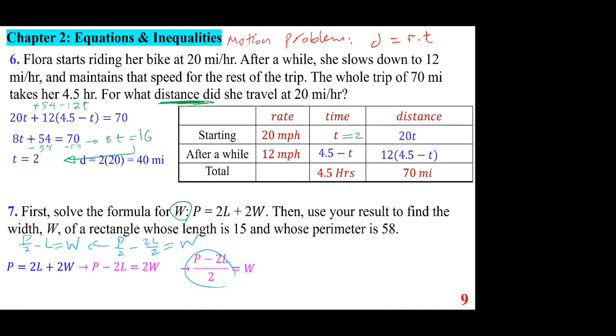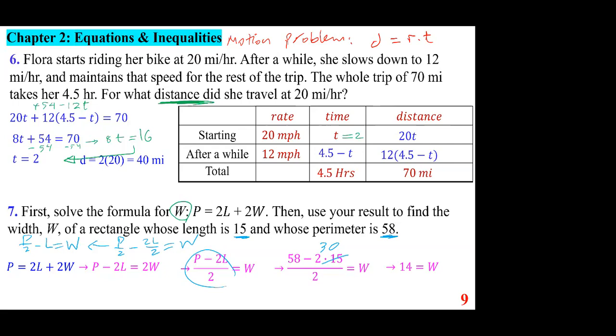Now, we replace the L with 15 and the P with 58, and we find the missing width. So 58 minus 30 is 28, divided by 2 is 14. The width is therefore equal to 14.